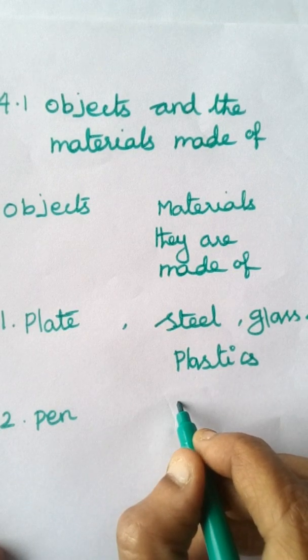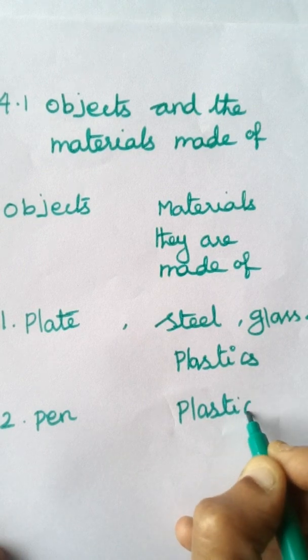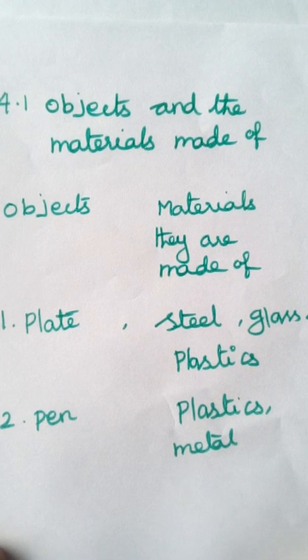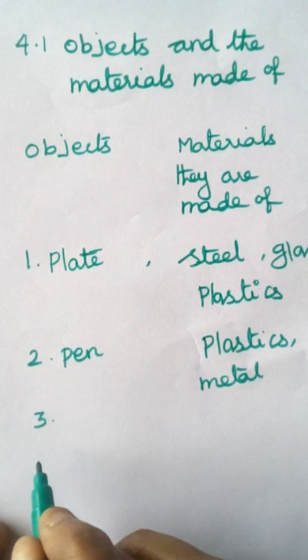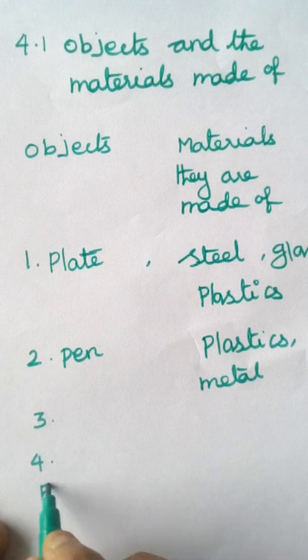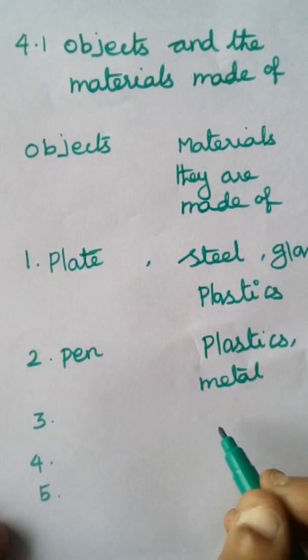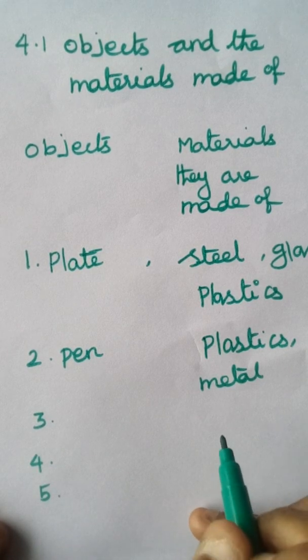Pen is made of plastics and metal. Students, this is your activity: write in 3, 4 and 5 the objects and what materials they are made of. You write it down in your rough note.